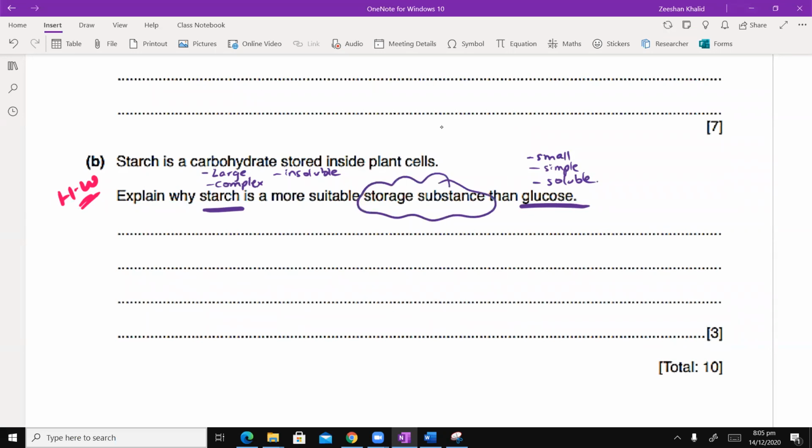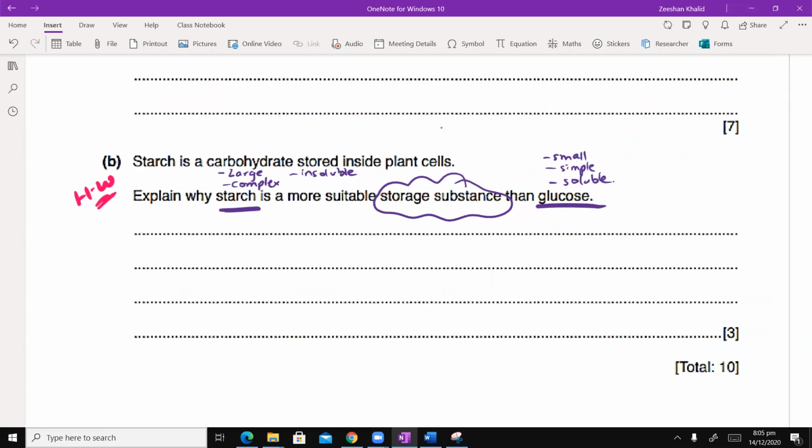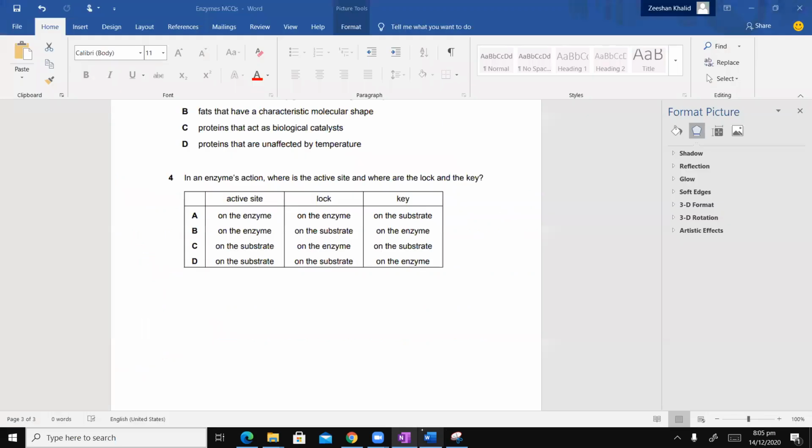Okay. So if we need to store the carbohydrate, why should it be in the form of starch and not in the form of glucose? Well, the answer is very simple. If that's a cell, okay, and that's the nucleus, if there is glucose inside and not starch, what will happen is that because of the fact that glucose is soluble in water, होगा क्या कि if glucose enters the cell, the water potential will actually decrease, of course, as compared to the outside.